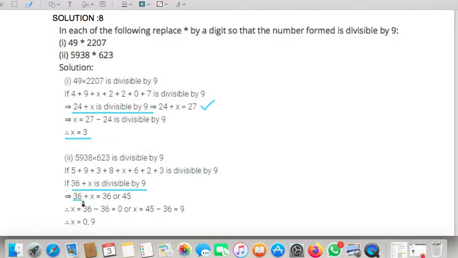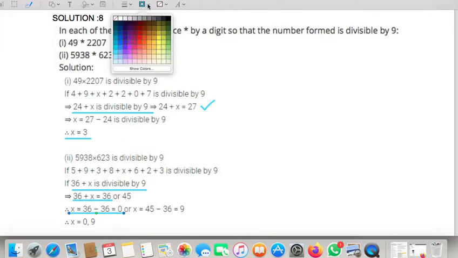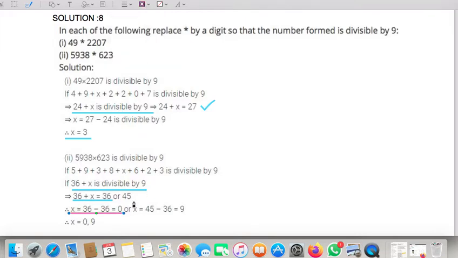So what all more? Let us check that. Firstly, 36 plus x can be equal to 36. For that, x will come out as 0. Now also let me take one more value, because we have to check as I checked in the previous one also.